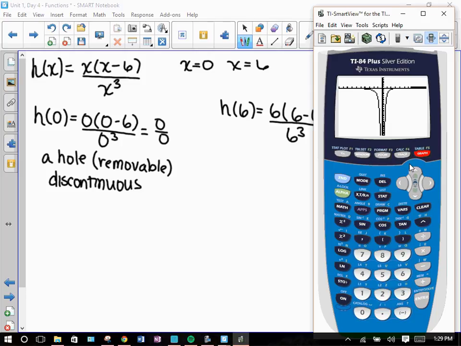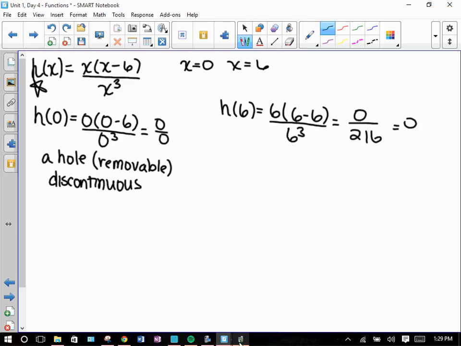I think there actually might be a hole and a, but I'm going to come back and think about this one. That's a star. It is definitely discontinuous. But we can look at 6. We'll just go with it.